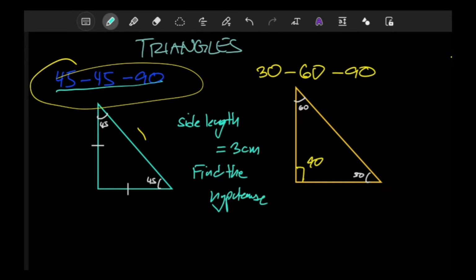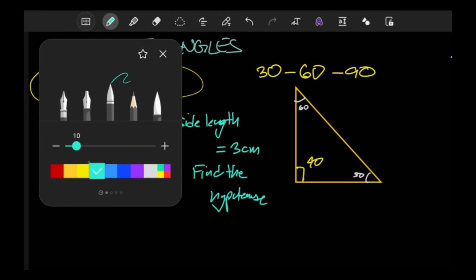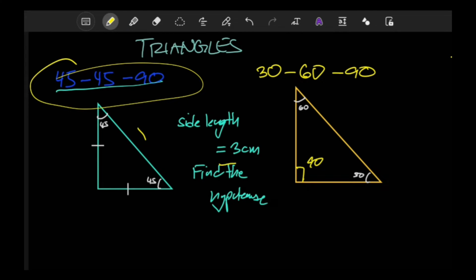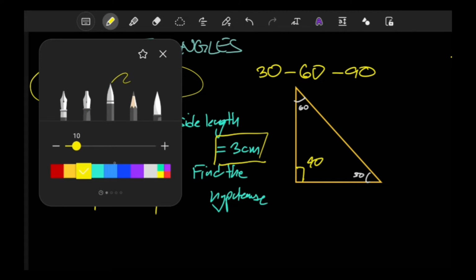To solve this problem, let us label this side. You know that both sides are the side lengths of the triangle. Do not ever put 3 centimeters on the hypotenuse because obviously we are finding the hypotenuse. So therefore the side length should be apart from the hypotenuse. So I'm going to put 3 in these sides.